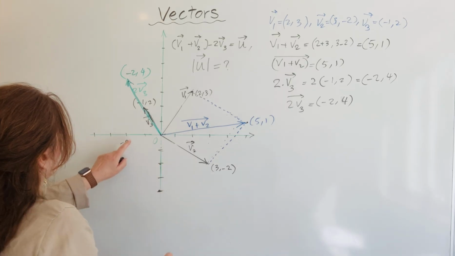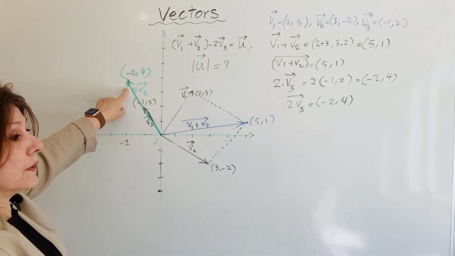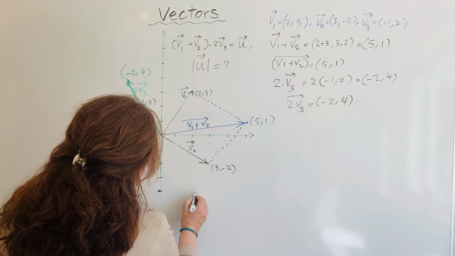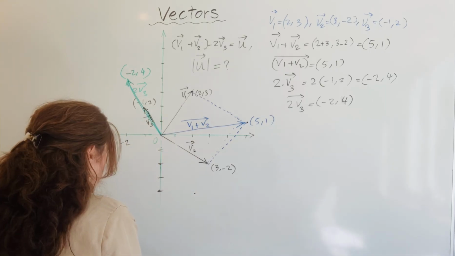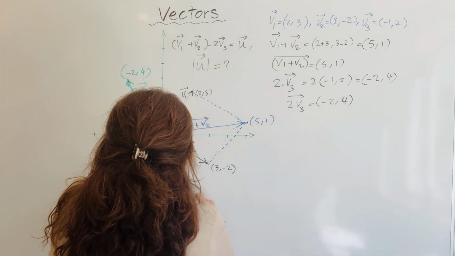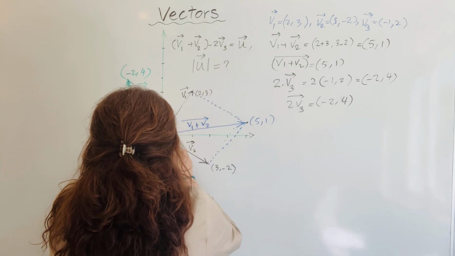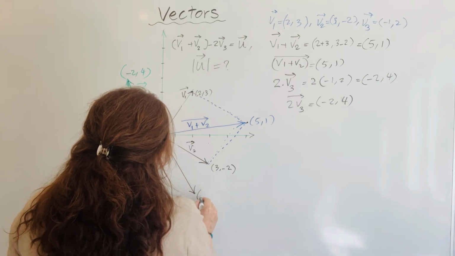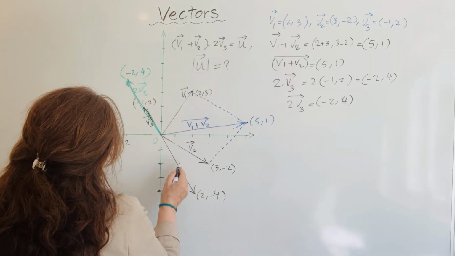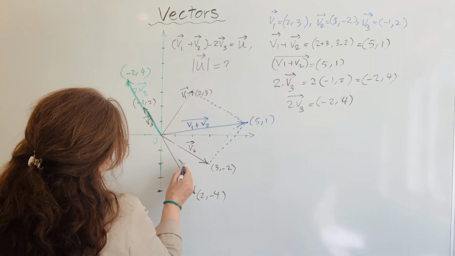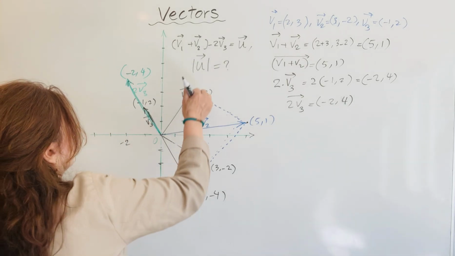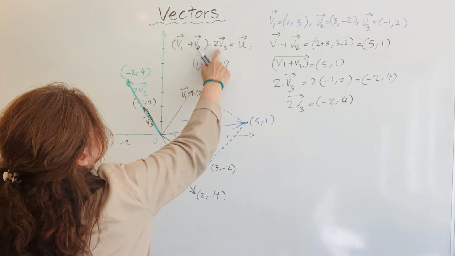Here is 2 left, 4 up; 2 right, 4 down, somewhere here. This can be 2, negative 4. This is negative 2V3, right? Because subtracting is adding the negative of this one.